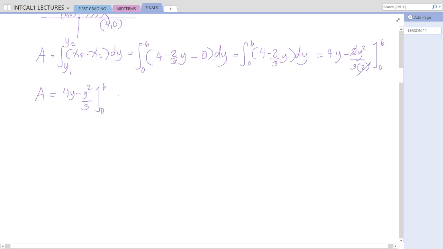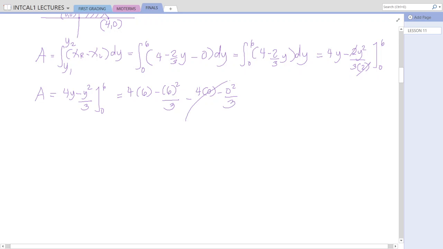So upper minus lower, it will become 4 multiplied by 6 minus 6 squared divided by 3, minus the lower, which is 4 multiplied by 0 minus 0 squared divided by 3.